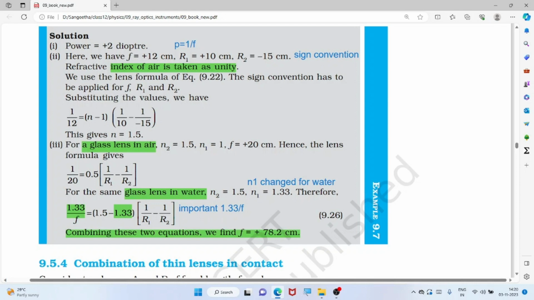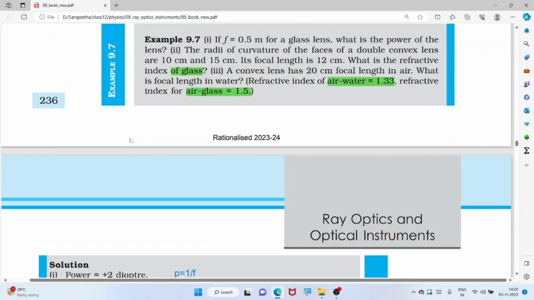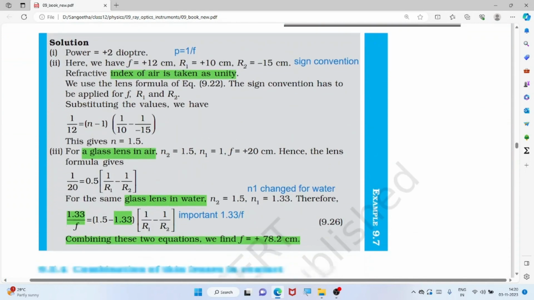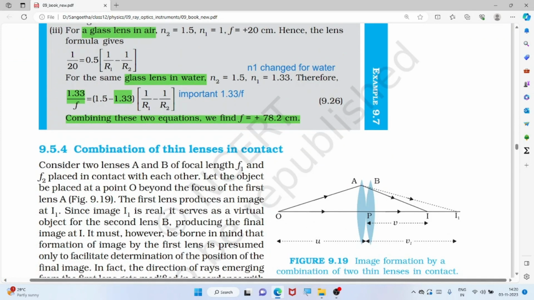Here we are using 1 by f equals (n minus 1), but here you see we are using the refractive index of water. So you have to be careful in using the refractive index in that formula. In the lens maker formula, for water the refractive index 1 for air is changed to 1.33.